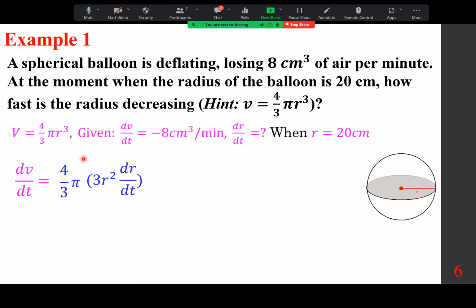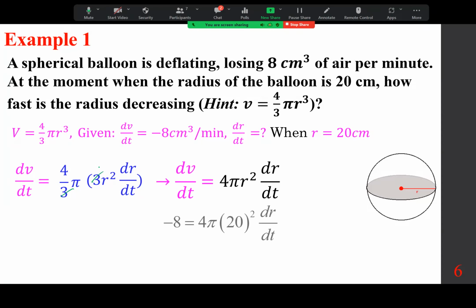So r cubed gives you 3r squared dr/dt, and it simplifies to dV/dt equals 4 pi r squared dr/dt. And all you have to do is replace dV/dt with -8 and r with 20.